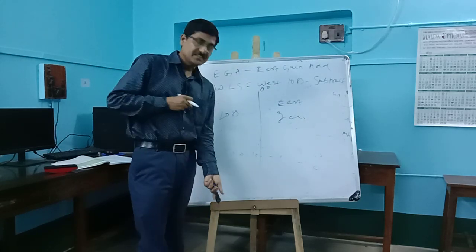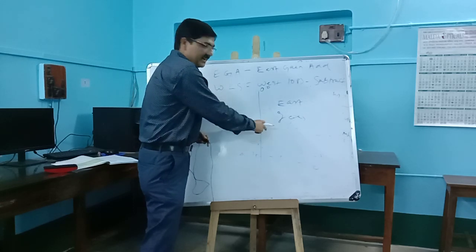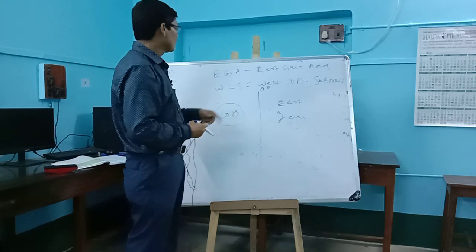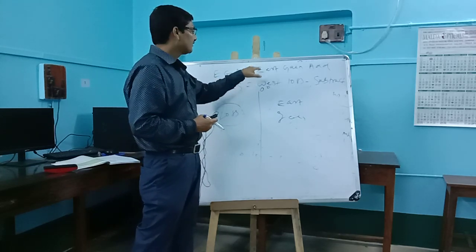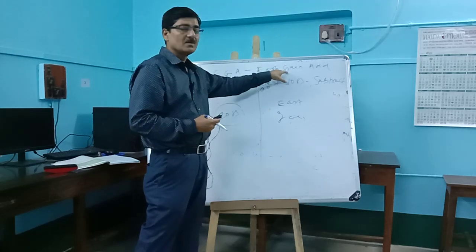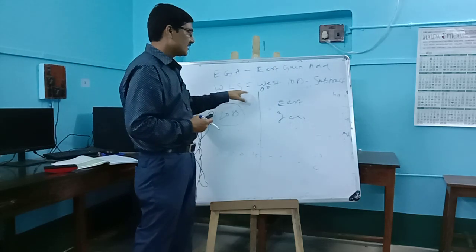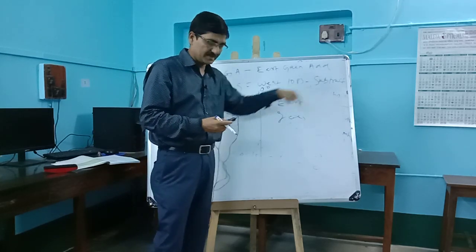If the place is situated to the west of the prime meridian, they lose time. That is why we call it EGA, that is, for places to the east, time will be added. On the other hand, for places located to the west, time needs to be subtracted.